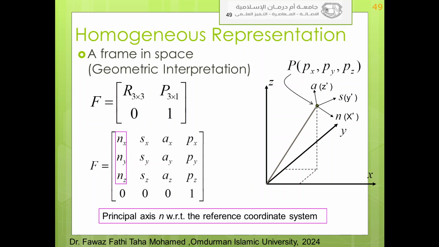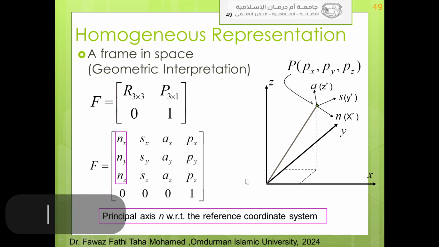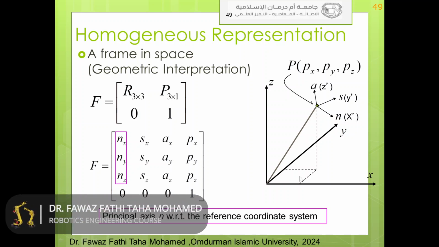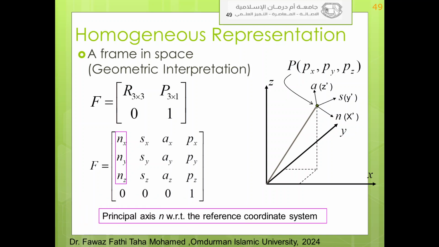So here we have to always remember our homogeneous transformation. Okay, and always we have to remember each vector of this frame is represented in homogeneous transformation as a projection.